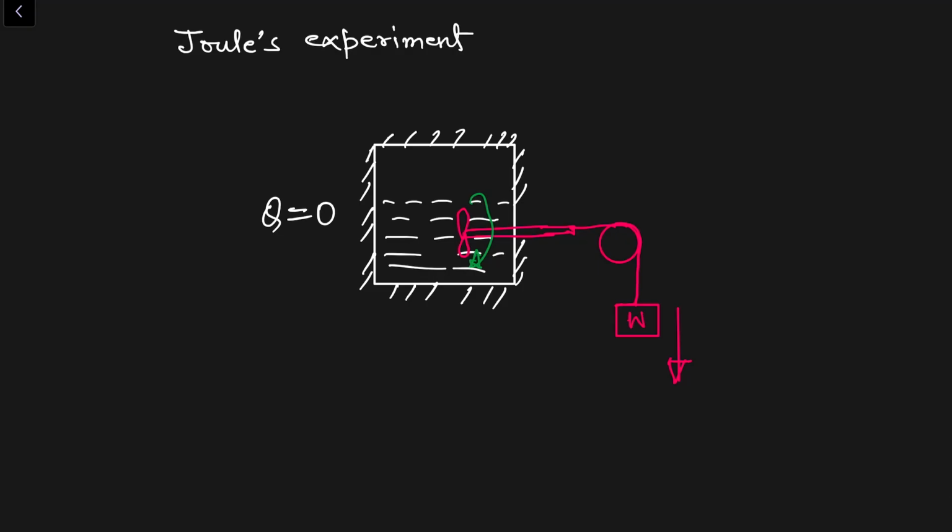And then he placed one thermocouple or thermometer here to measure the temperature rise. This thermometer was very sensitive. It was like 1/200 degree Fahrenheit, so the least count was this. So it was a very sensitive thermometer.